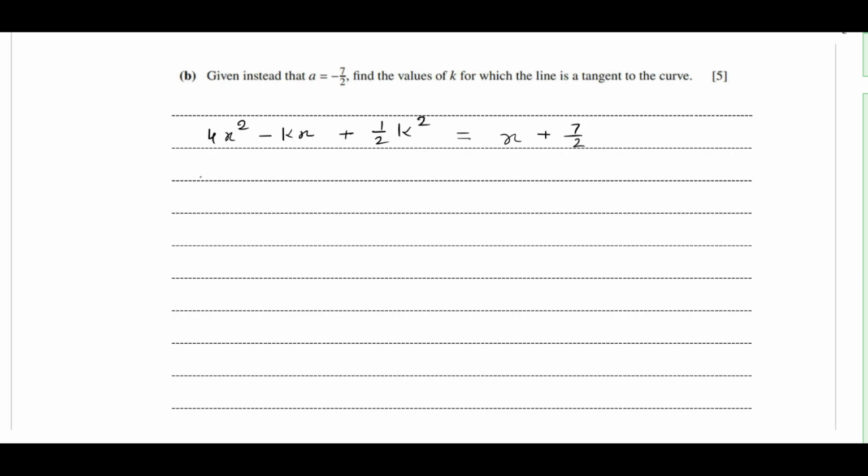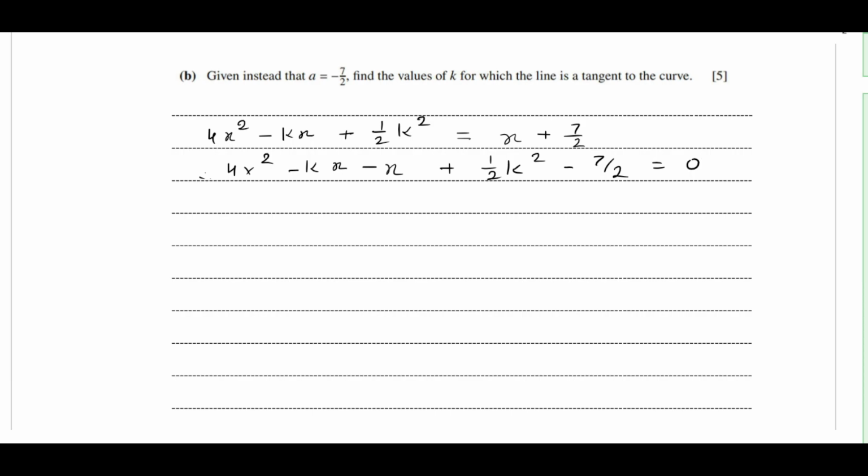So therefore I have 4x squared minus kx, and this x will come to this side, it is minus x, plus half k squared minus 7 by 2 is equal to 0.